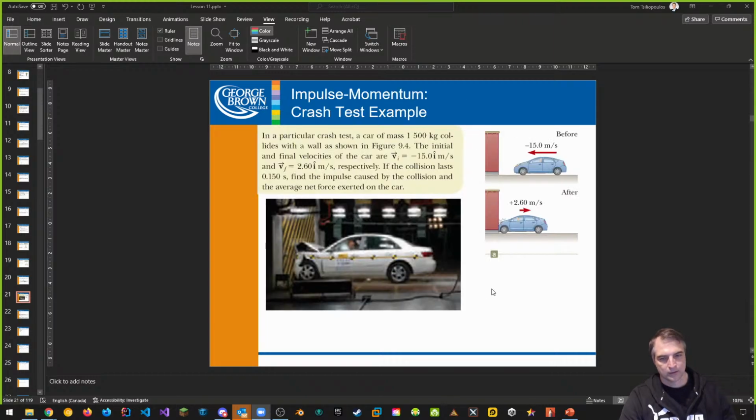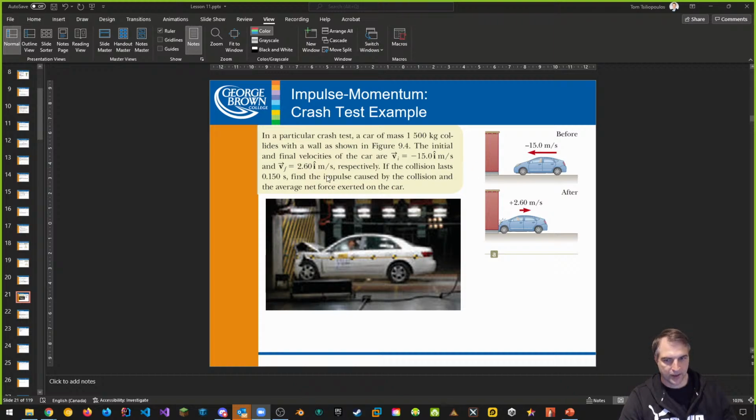Okay. Here's an example. Impulse momentum crash test example. In a particular crash test, a car of mass 1,500 kilograms collides with a wall, as shown in figure 9.4. The initial velocity of the car is negative 15 meters per second along the x-axis. Remember, the i with the little hat on top of it is the x-axis. That's representing that.